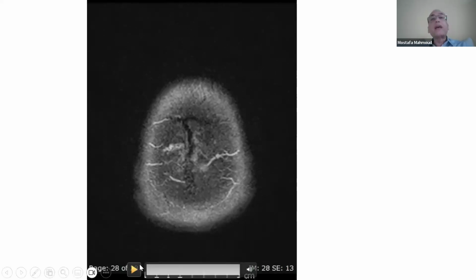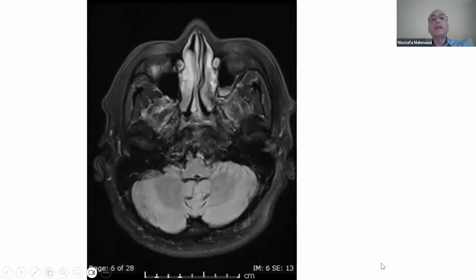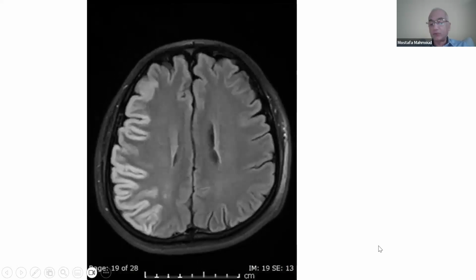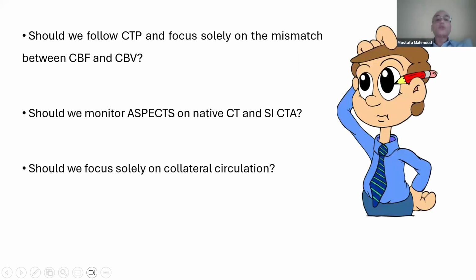So, of course, it is not a very good thing to get, but it is way better than getting an infarction affecting the gray matter and the white matter. Typical cortical laminar necrosis.